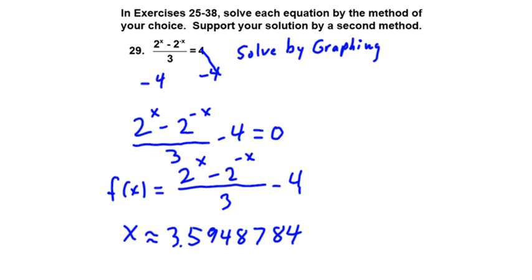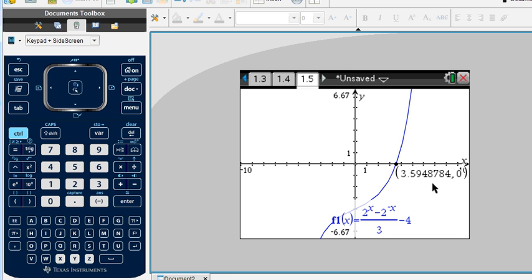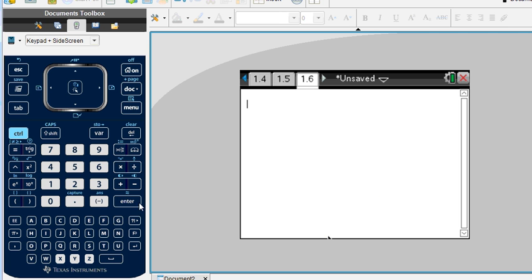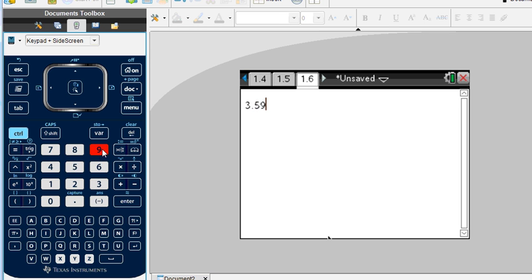To do that, I'm going to go to another calculator page, Control I, add calculator, and enter 3.5948784, and then store that again, Control vars, A. Now we're going to enter this value into our original equation.